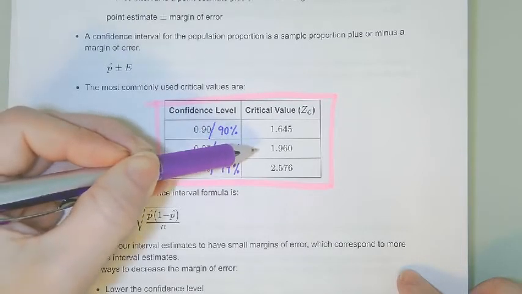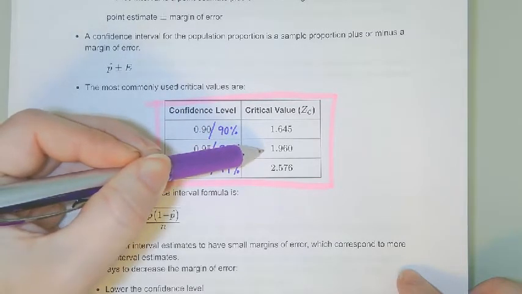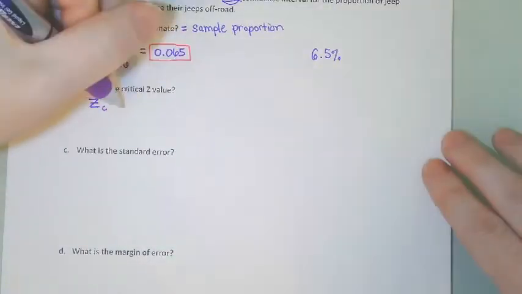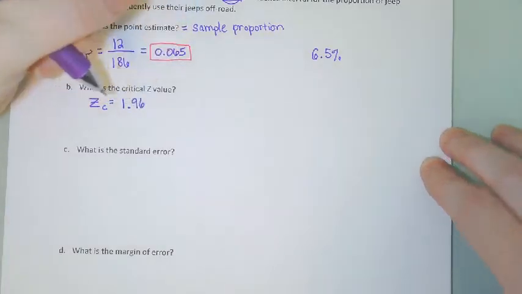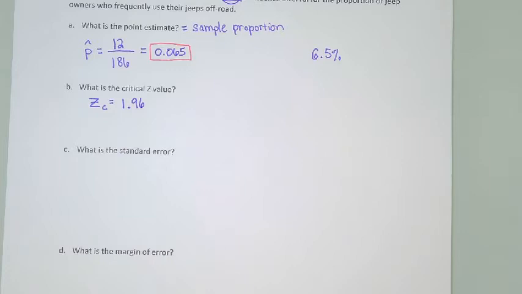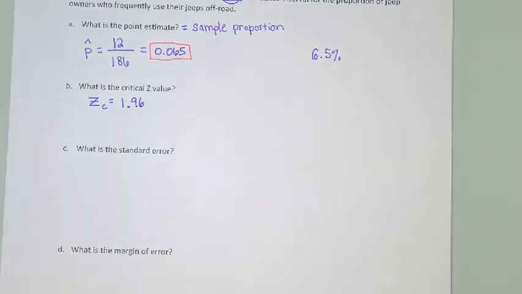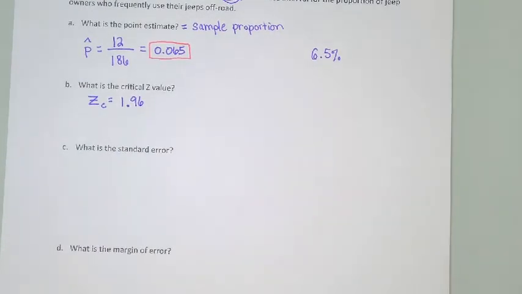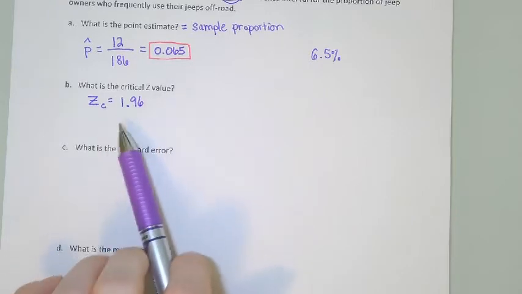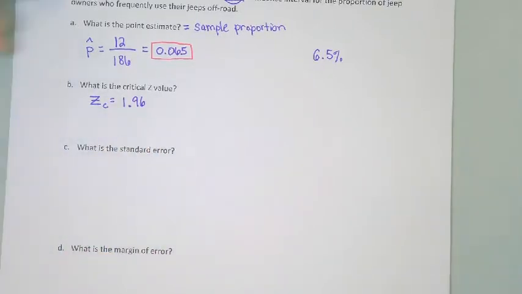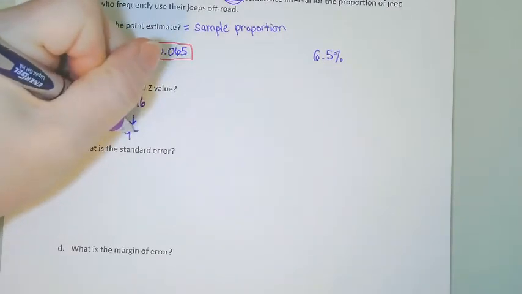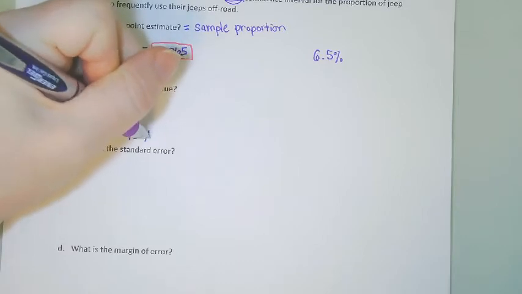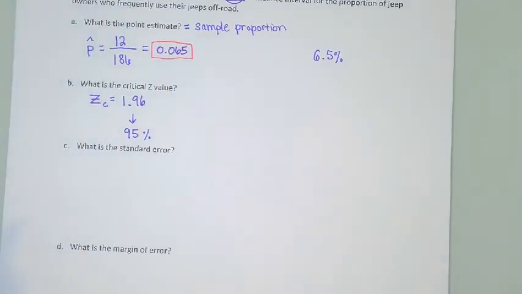So my critical z-value is going to be 1.96. And that's all I need to do to answer that question. That value, the 1.96, came from using a confidence level of 95%.